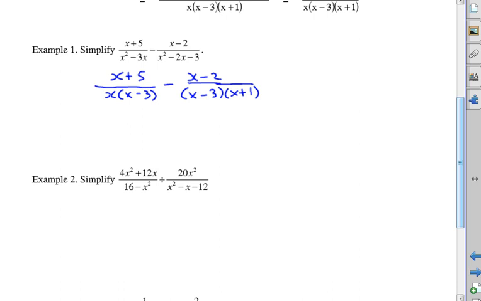Okay, you should all get that far at least, right? Multiplies to negative 3, adds to negative 2: negative 3 and positive 1.